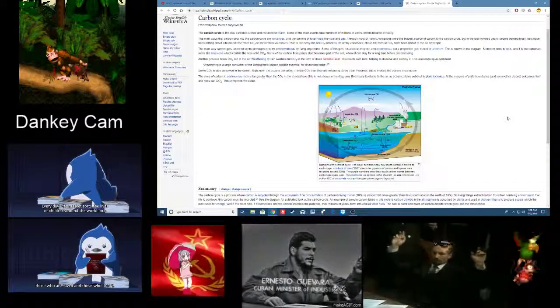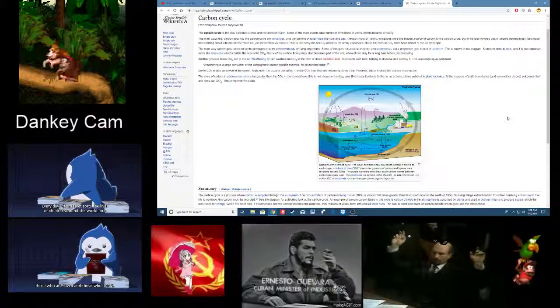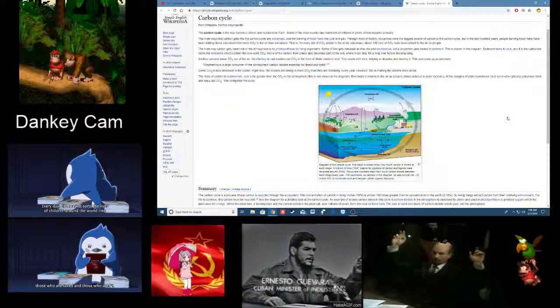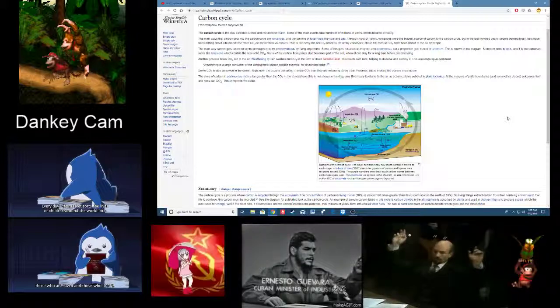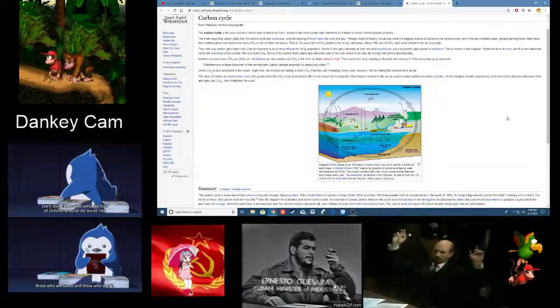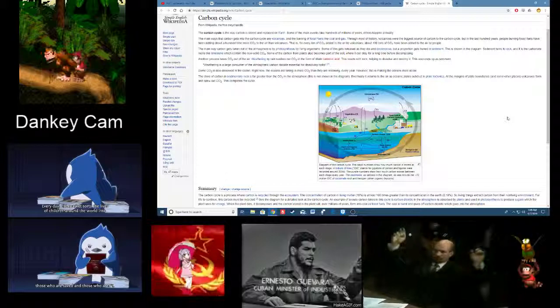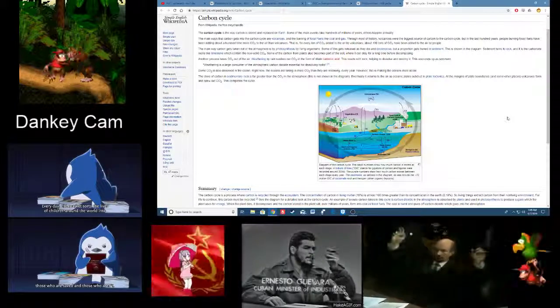Once those creatures die, it forms vast deposits of shells on the ocean floor, which then solidify and form a limestone type ocean bottom.